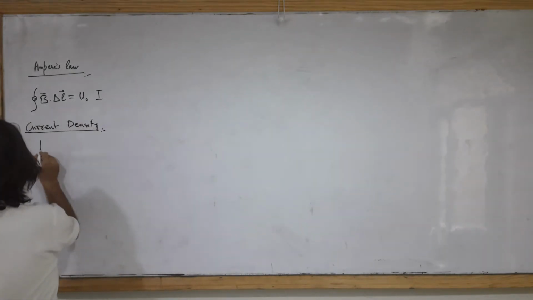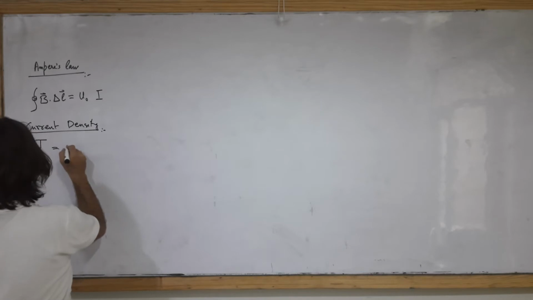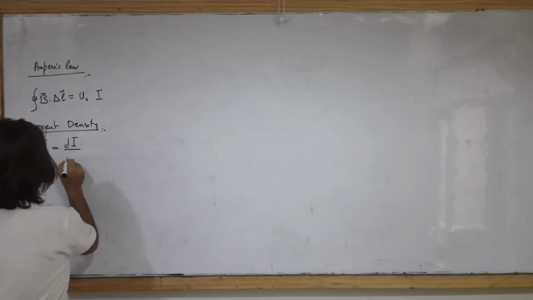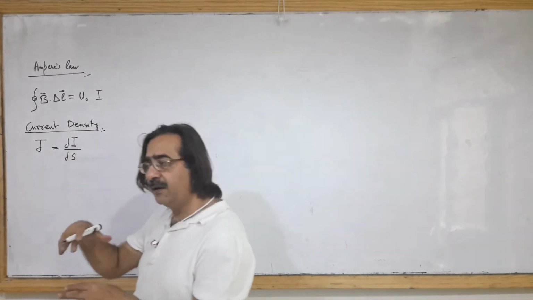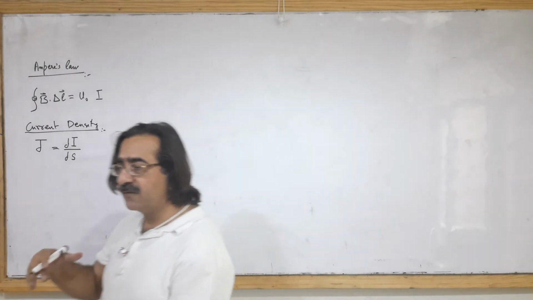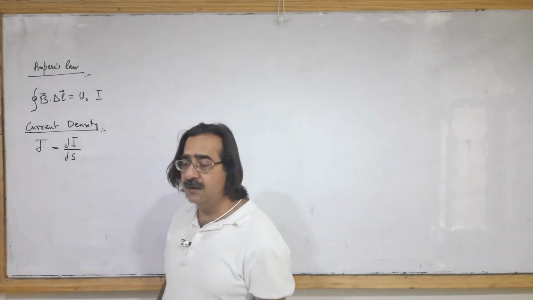The current density is represented by J, and it equals current per unit area, because current always passes through some surface. The current per unit area is defined as the surface current density.